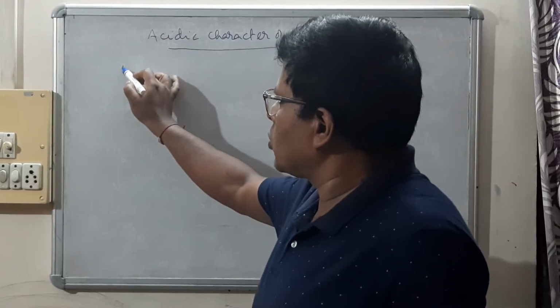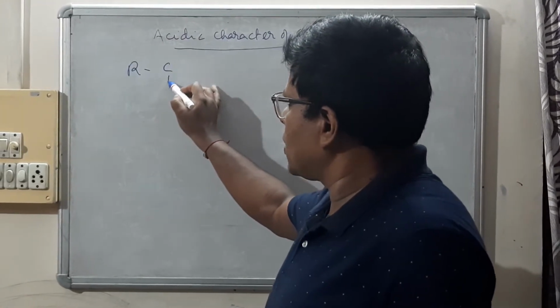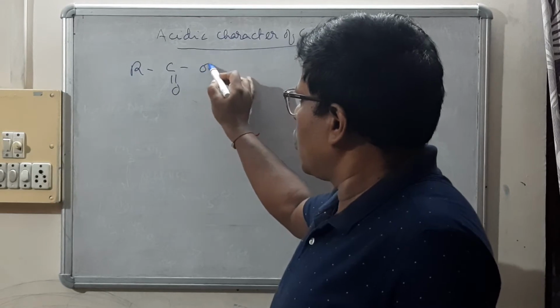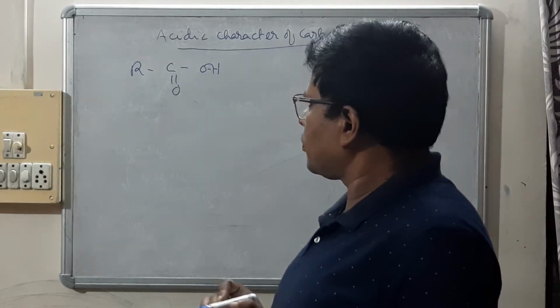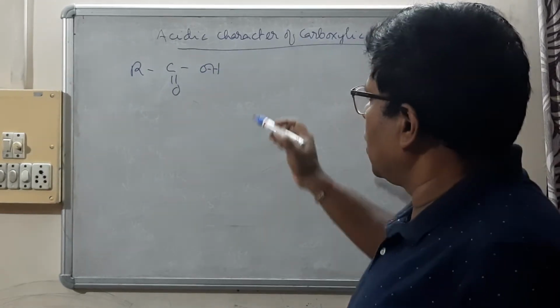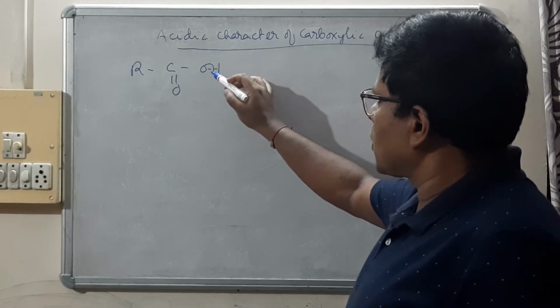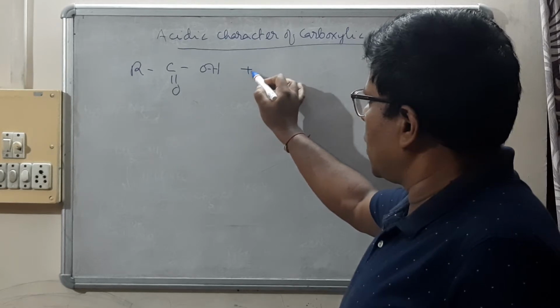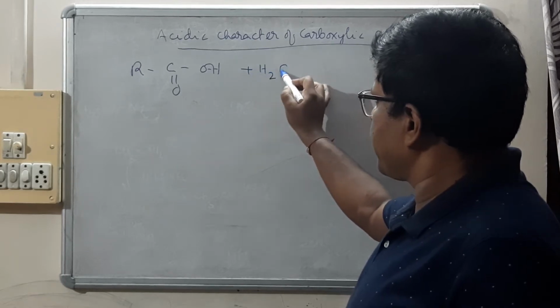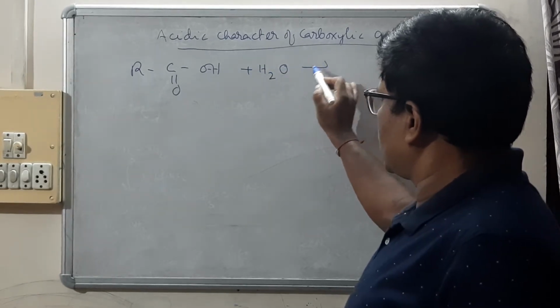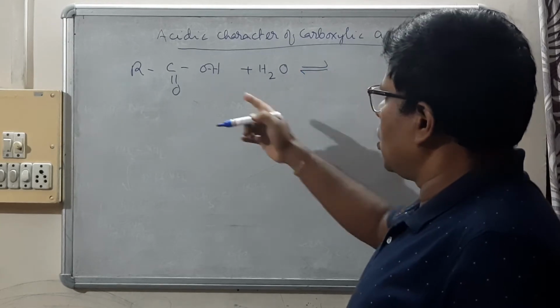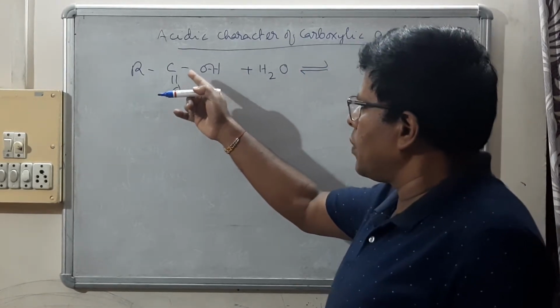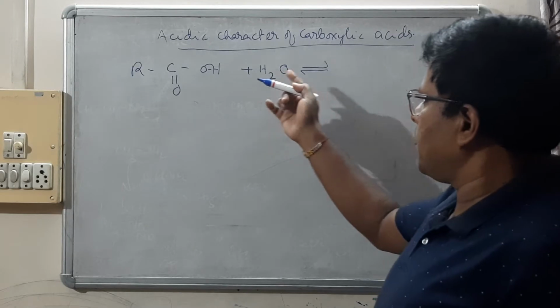General formula of carboxylic acid is R C double bond O OH, and carboxylic acid in presence of water will lose a proton, which water will accept.